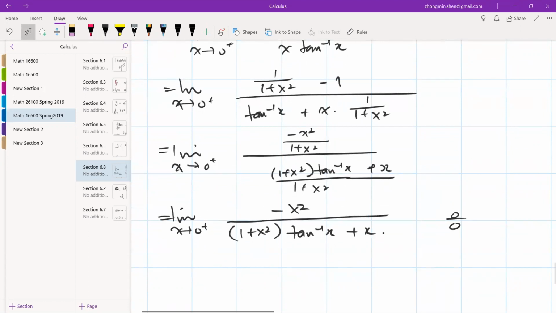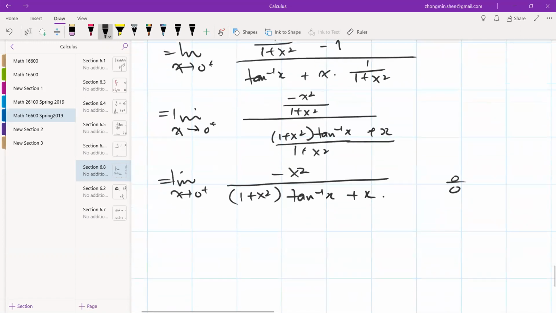My feeling is that the numerator is about x squared, and the denominator is about x, because arctangent x is about x when x is small. So then you have another x. So I'm pretty sure the limit is going to be 0.